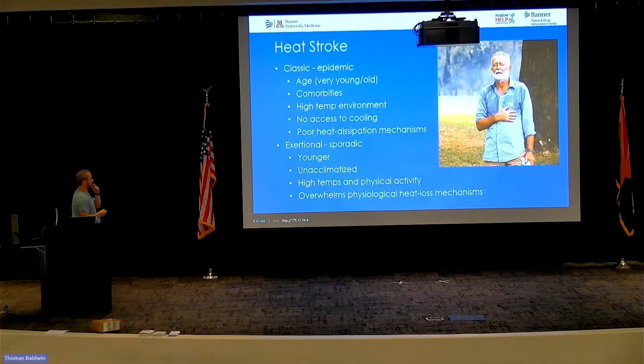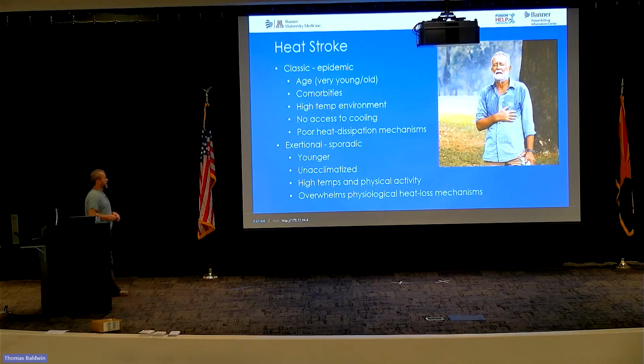And we differentiate classic, which again is episodic within a specific time frame, from the more sporadic exertional. This is the scenario where a football team, soccer team, what have you, is out playing a game in the middle of the summer daytime, usually healthy individuals, but because of the prolonged excessive heat exposure, the resultant dehydration and electrolyte loss puts them at risk for heat stroke.